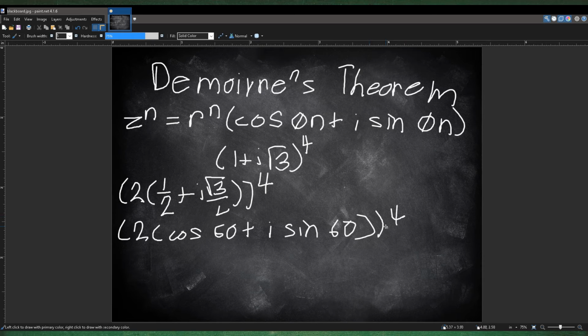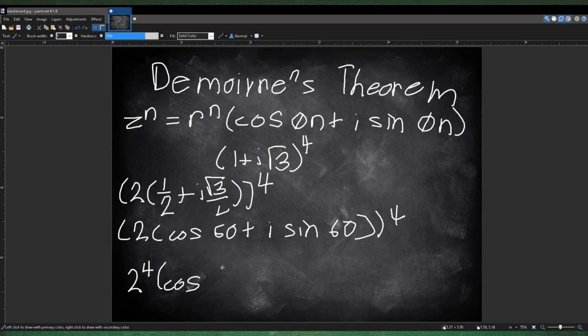Now you have this in polar form, so you can use De Moivre's theorem. I might be mispronouncing it. The magnitude, which is 2, raised to a power of 4, and then cosine, where the original angle is 60 and n is 4.